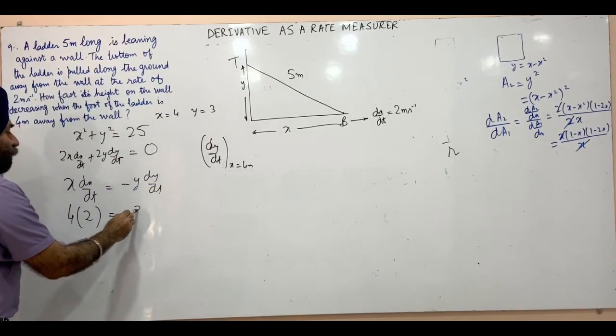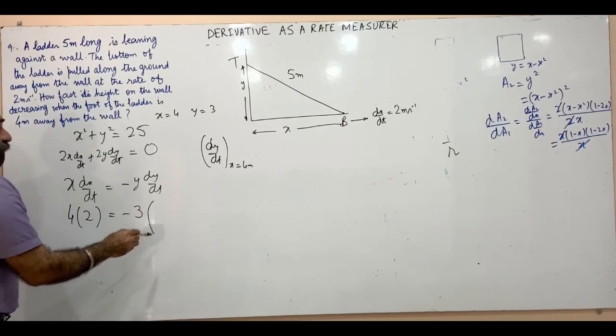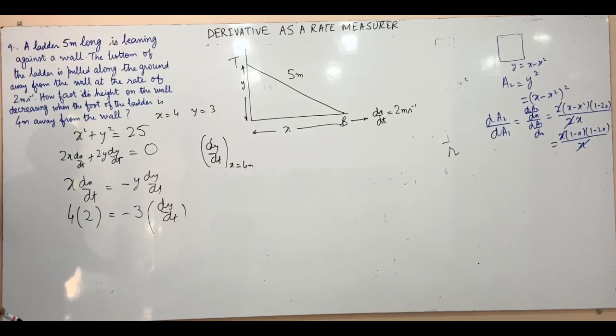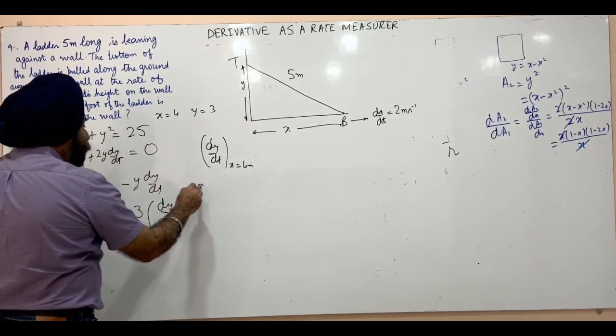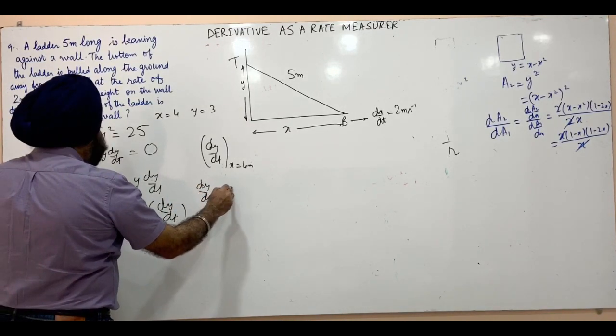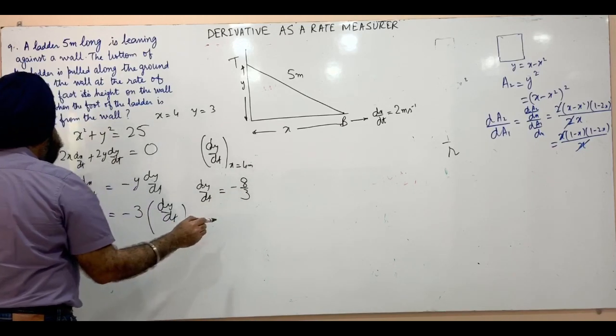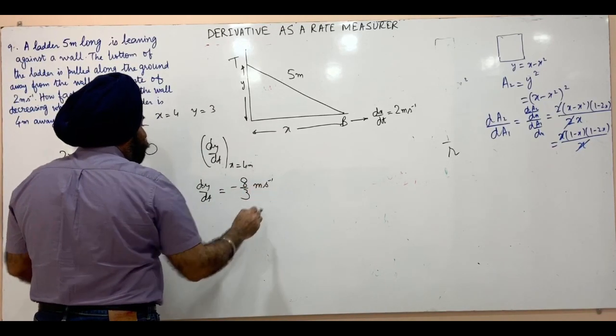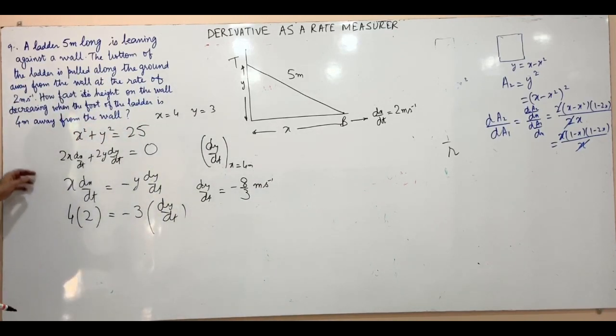We substitute the value of y, which is 3. dy by dt we have to find out. So this gives us dy by dt equals minus 8 by 3, and the units will be the same, meters per second. The question is, how fast is the height decreasing?